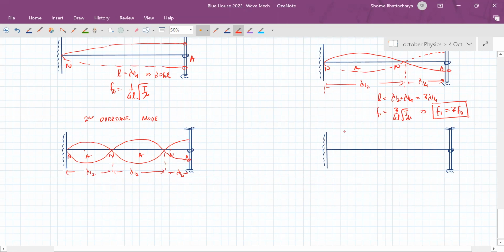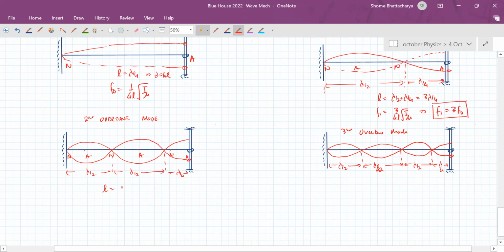And likewise, in the third overtone, it will have to accommodate 3.5 loops, something like this. 3 half wavelengths and 1/4 wavelength. And so on and so forth. That's how the series goes. So in the nth overtone mode, it will accommodate n.5 loops.